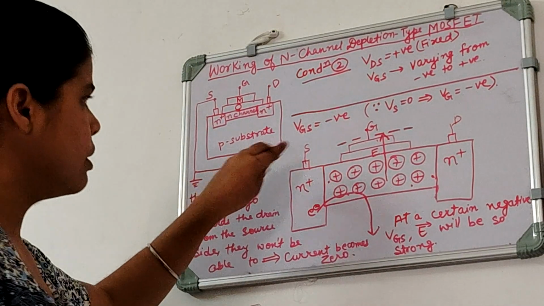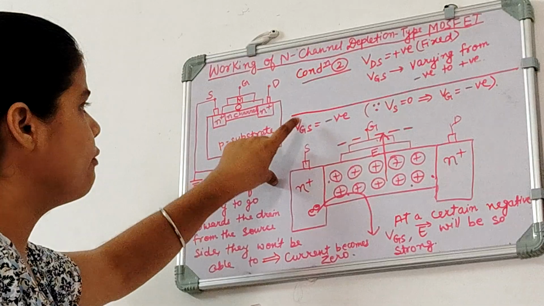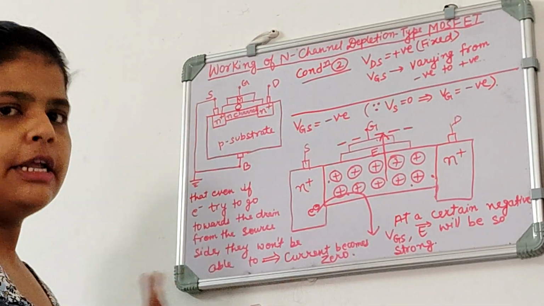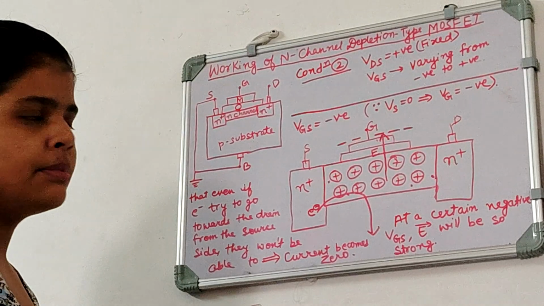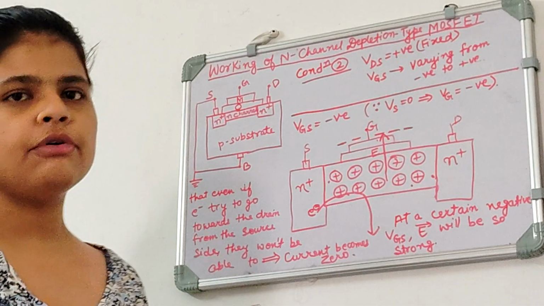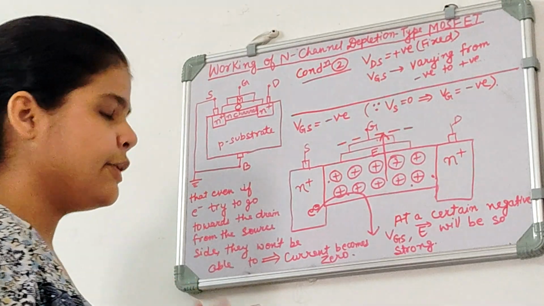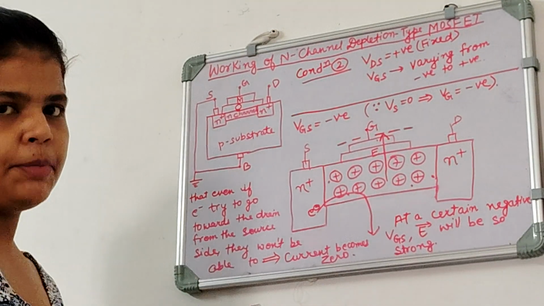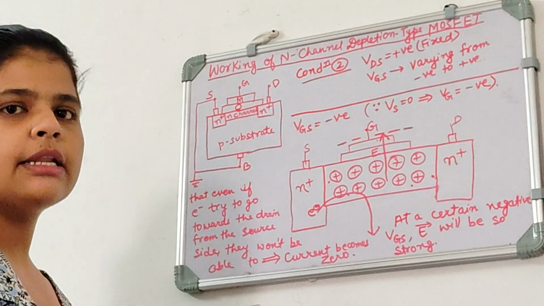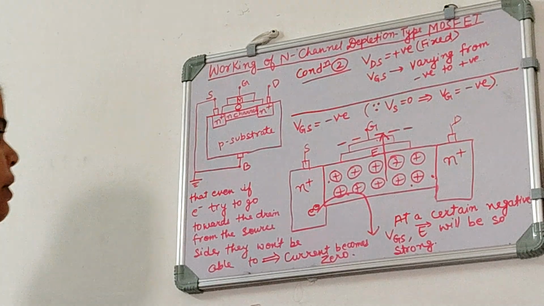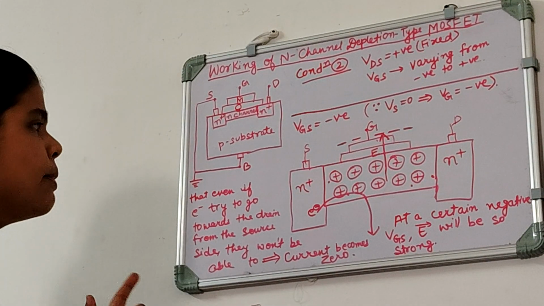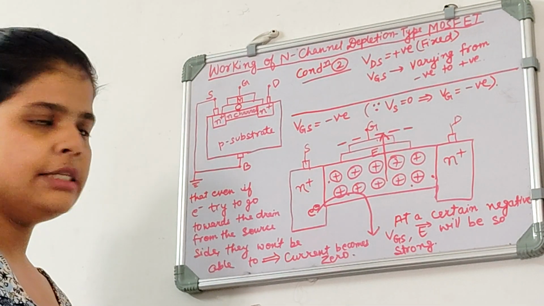Okay, so the complete thing is that when VGS is negative, electrons from the channel get repelled towards the bottom, and holes from the P substrate get attracted towards the channel, and electrons of the channel and holes of the P substrate recombine together. So electrons in the channel start getting depleted. Because of that depletion of electrons, our current will decrease.